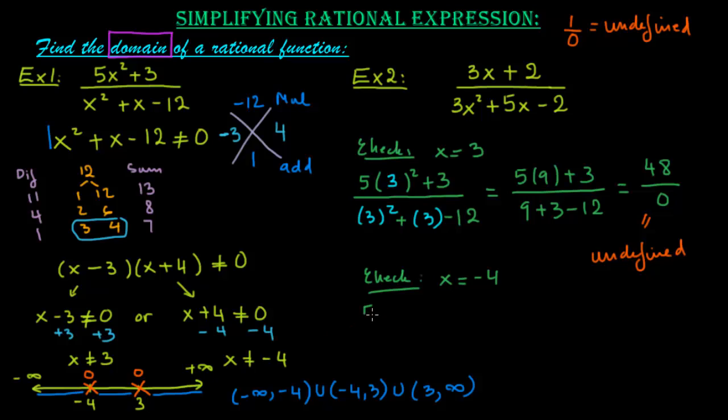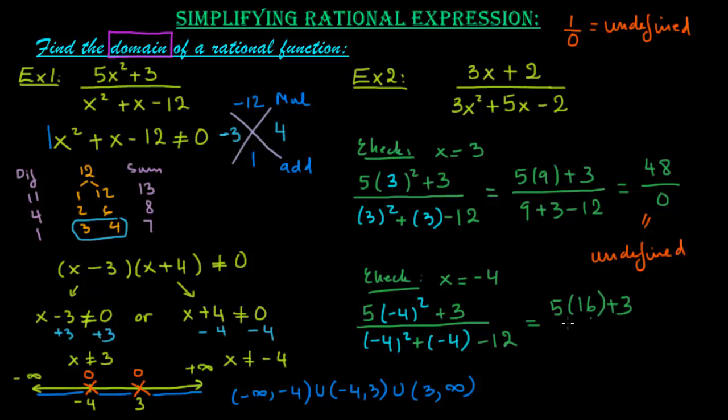We will have 5 times -4 squared plus 3, all over -4 squared plus -4 minus 12. -4 squared gives me positive 16, and plus 3.